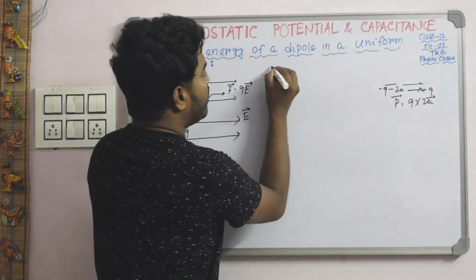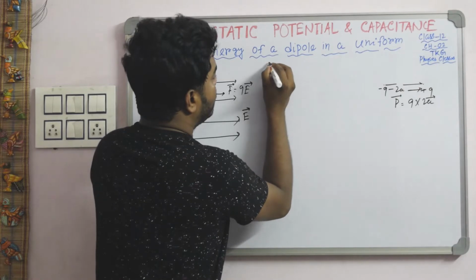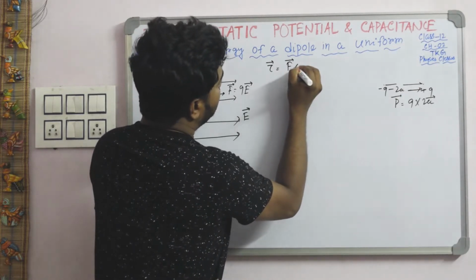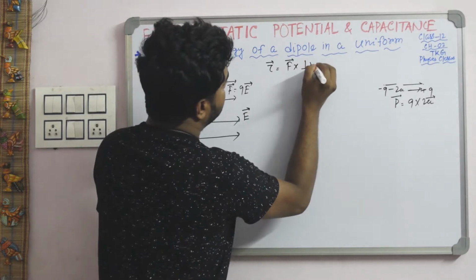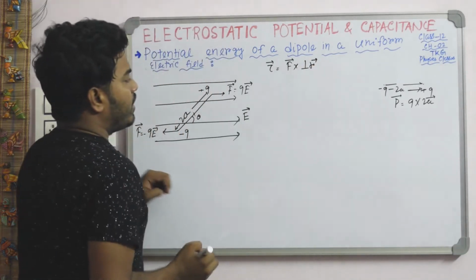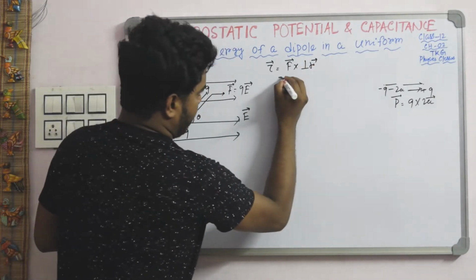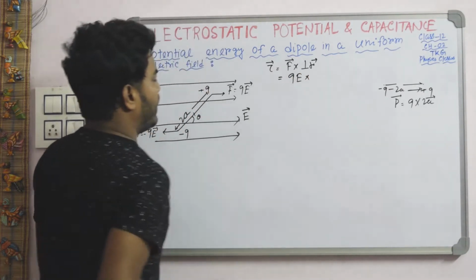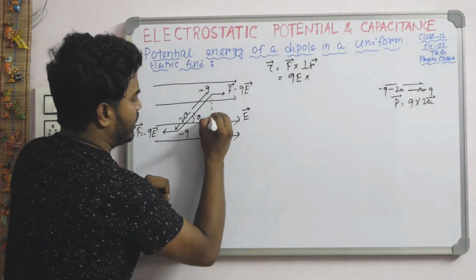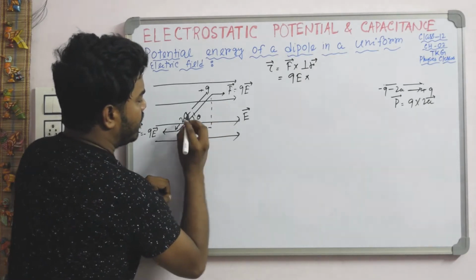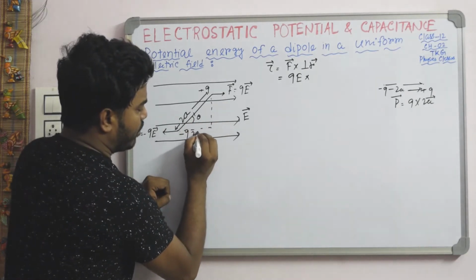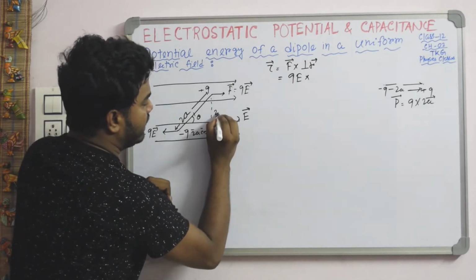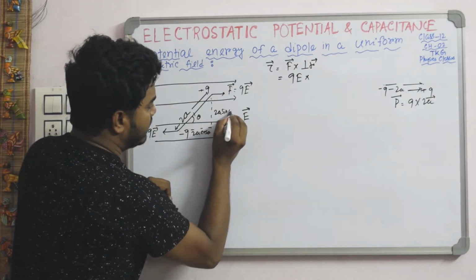The expression of torque tau, you know the formula, is force into perpendicular distance. Clear? Now the magnitude of force is q into E, and the separation is 2a at angle theta, so this component is 2a cos theta, and this component is 2a sin theta.